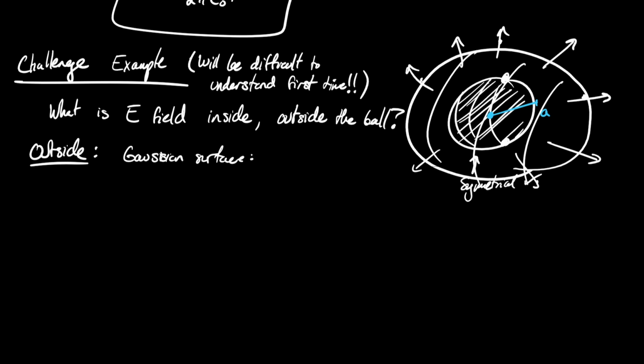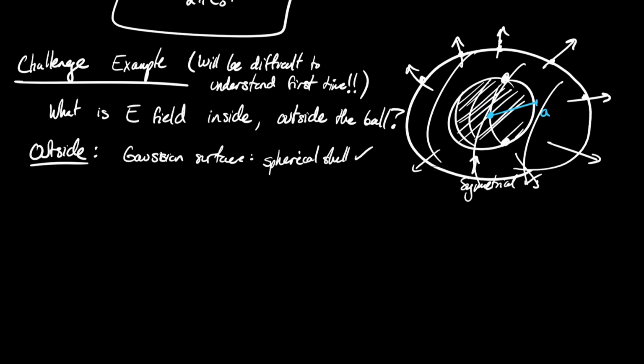Because the electric field lines are the same size everywhere on the sphere, and they do point perpendicular to it at all times. So the spherical shell is again the winner. And this is the same as the point charge case, by the way. Okay, we've picked our surface.